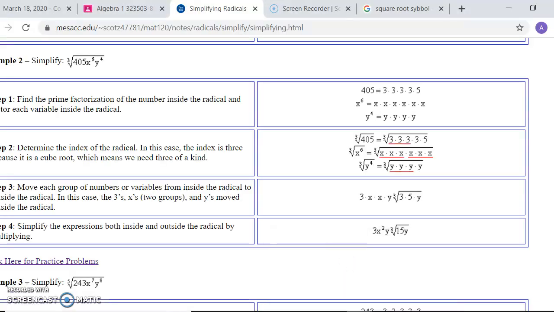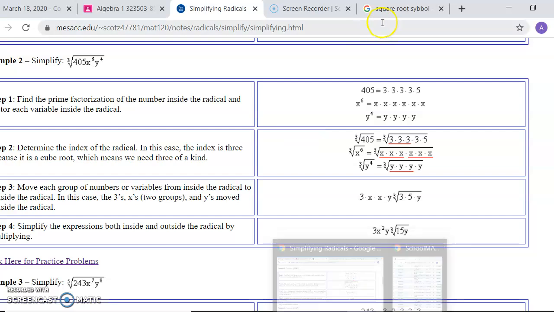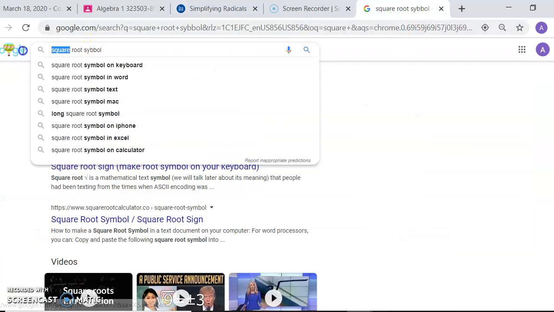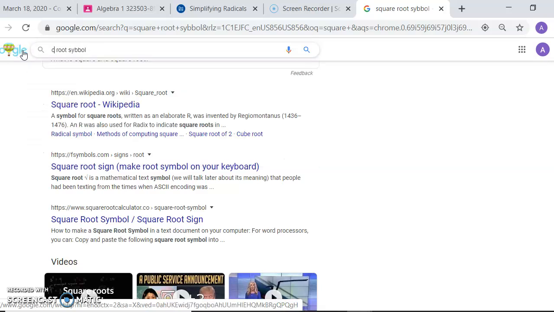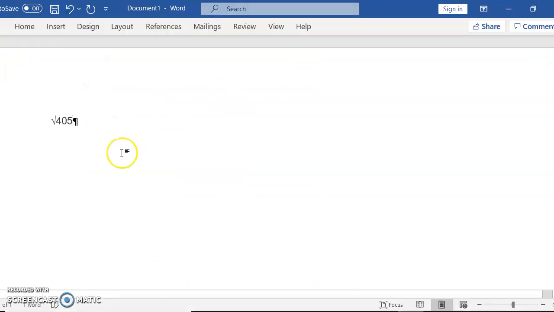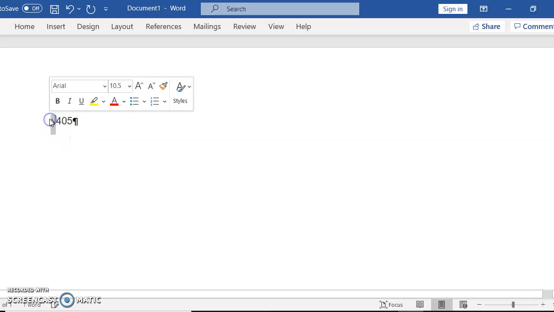Yep, 405. Oh, actually, it's a cube root. So I need a cube root symbol. Okay, so I have the cube root of 405.